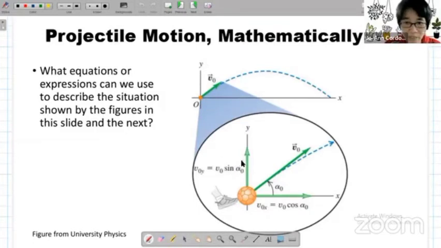So as you can see here, naalala nyo, diniscuss na natin that v of y is equal to v sine theta and v of x is equal to v cosine theta.